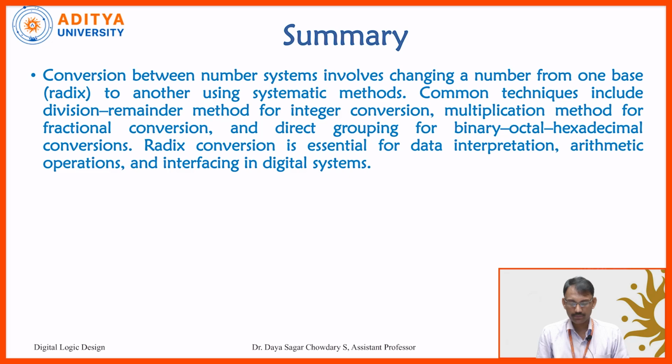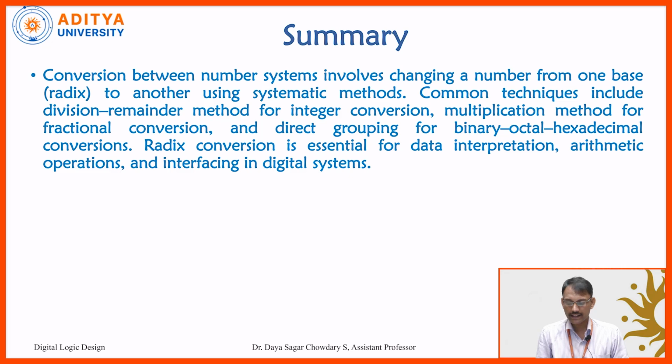Coming to the summary, conversion between number systems involves changing a number from one base to another base using systematic methods. We already saw binary to octal, binary to hexadecimal, octal to binary, and hexadecimal to binary.